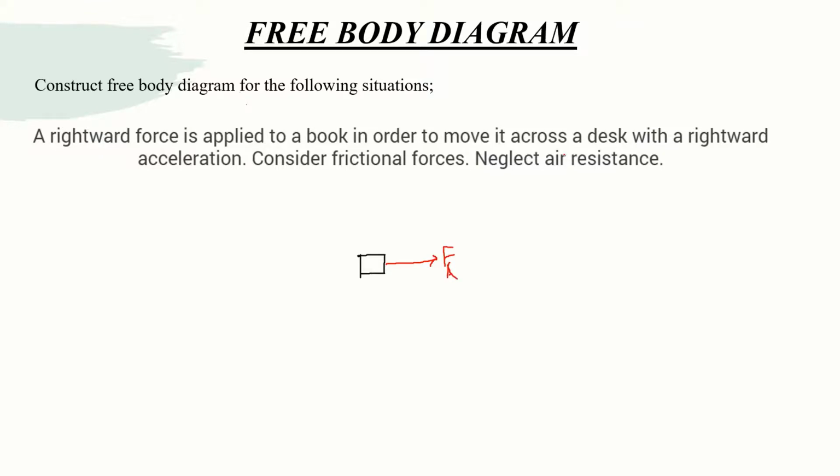Also, the book is on a desk, so there is a normal force acting on the book. We are asked to consider frictional force, so there is a frictional force. Now, there is a force of gravity acting on this book. So this is the free body diagram for this situation.